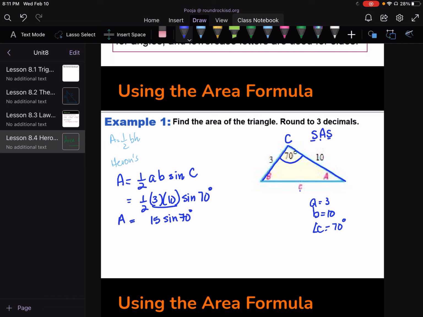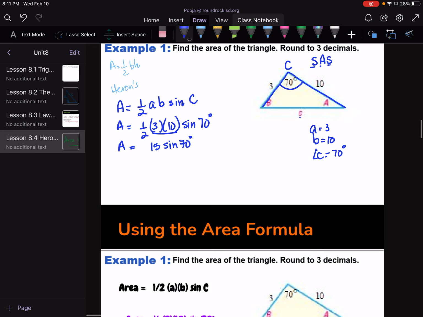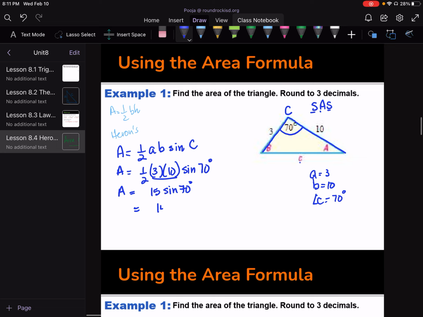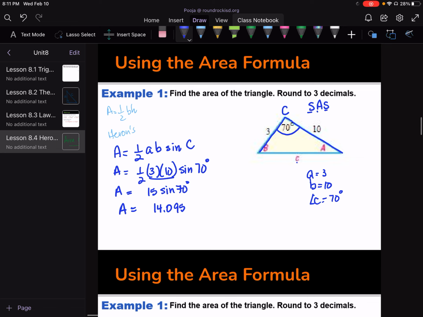And please feel free to plug this into the calculator. When you do that, we will get about 14.095. Make sure your calculator is in degrees, and that turns out to be the area of this. No units are given, so units squared. And that's the area of this triangle.